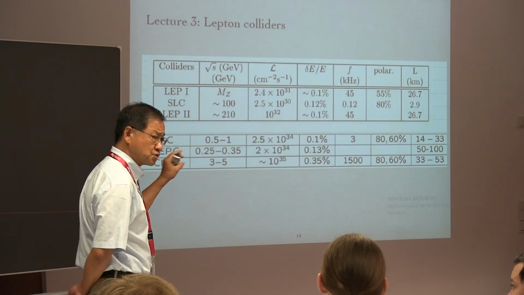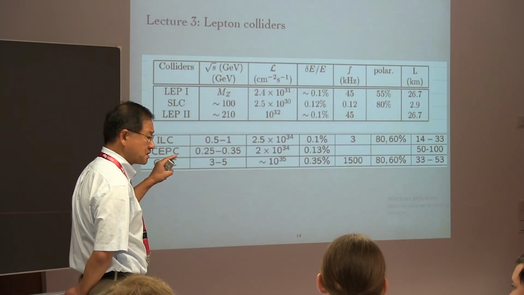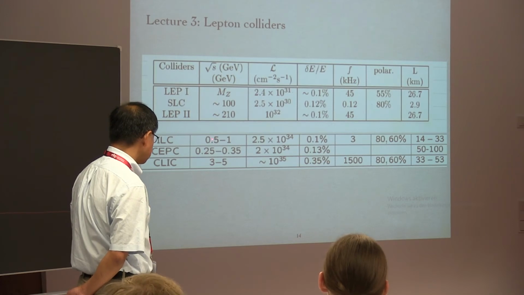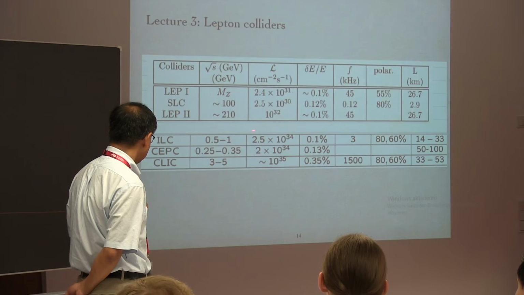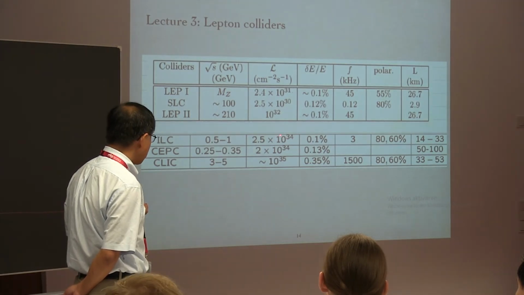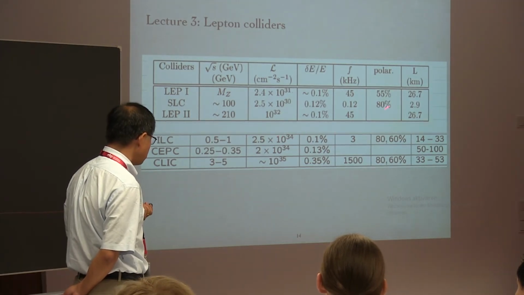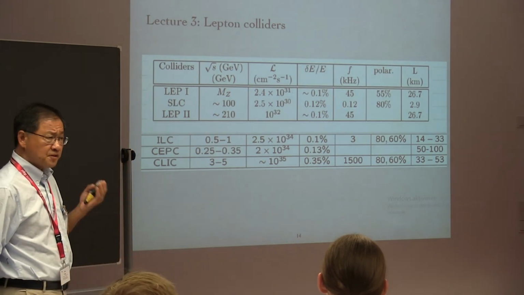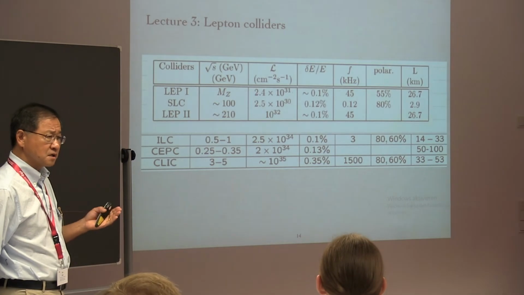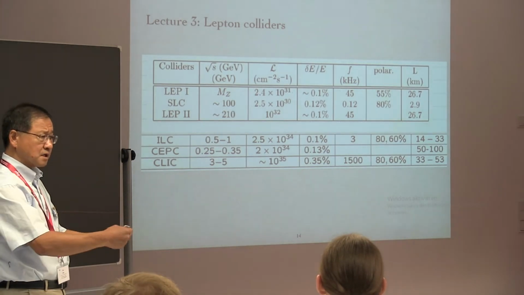I will give you two interesting, important physics cases here. So far, the site was chosen in Japan, northeast Japan. It has much higher luminosity and with significant beam polarization also. And now the Higgs is discovered, the physics case is stronger, clearer than ever. You have the target already. The Higgs is discovered.